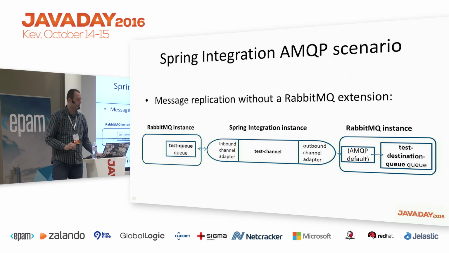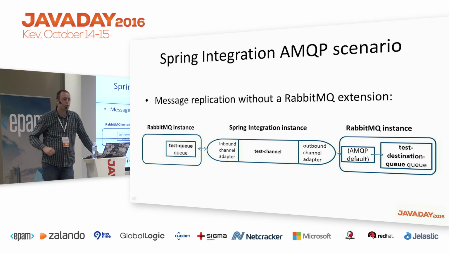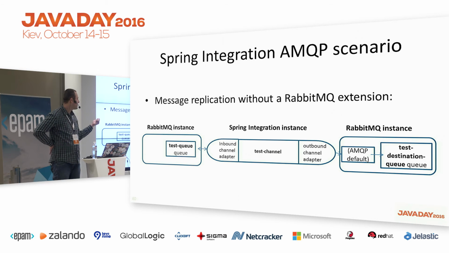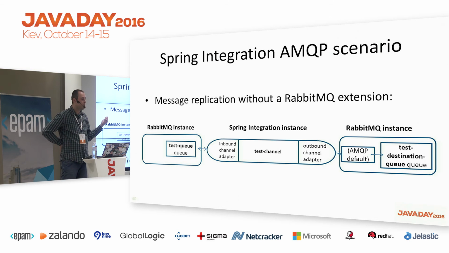To give you a fairly general scenario of where you can use that, for example, if you don't want to use the utilities provided by the RabbitMQ message broker to create message replication from one queue in one RabbitMQ instance to another queue in another RabbitMQ instance, you can use the Spring Integration framework for that purpose. We have one instance with a queue called test queue, and we receive messages from that test queue using the inbound channel adapter in a Spring Integration application.